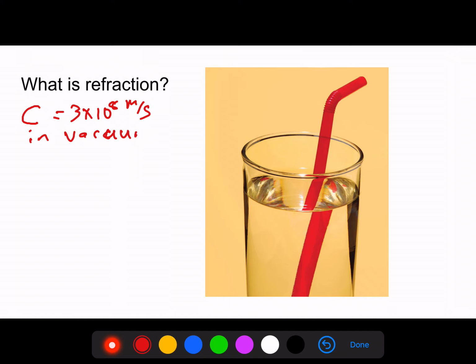Anytime light has to go through some other medium, such as air or water or glass, then the speed of light, for example in air, is going to be less than this c. Now it turns out that the speed of light in air is approximately equal to c, but the speed of light in, say, water is a good bit slower than c.